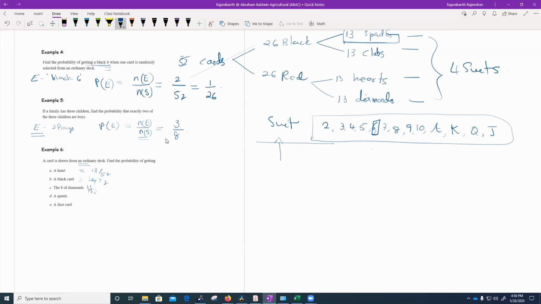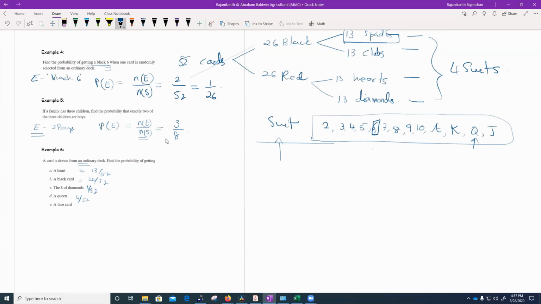Queen. For each suit, you have one queen. So I have 4 of them. 4 suits are there: spades, clubs, hearts, and diamonds. For each suit, you will have one queen, and therefore 4 of them. It is 4. But remember, you need to put the number of sample space outcomes in the denominator, always 52, right?